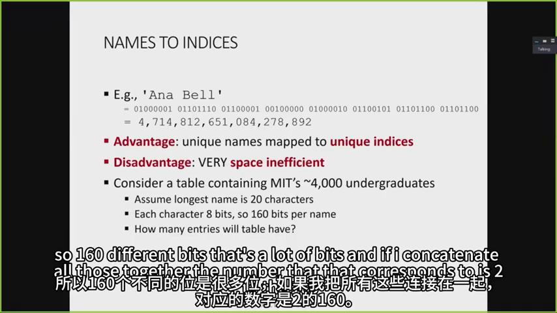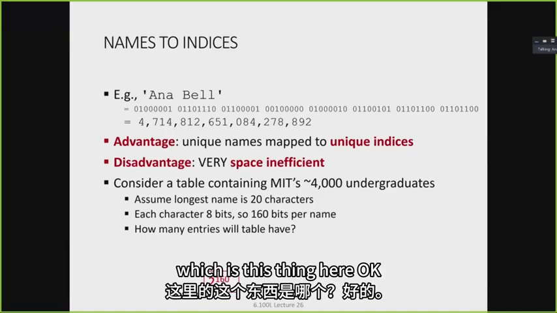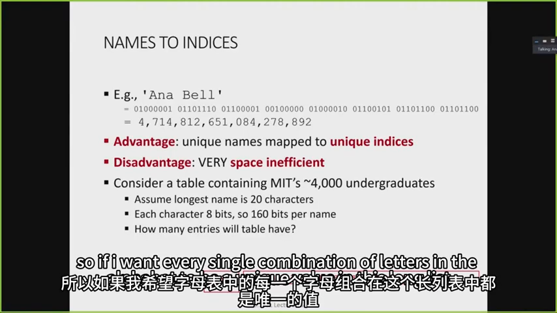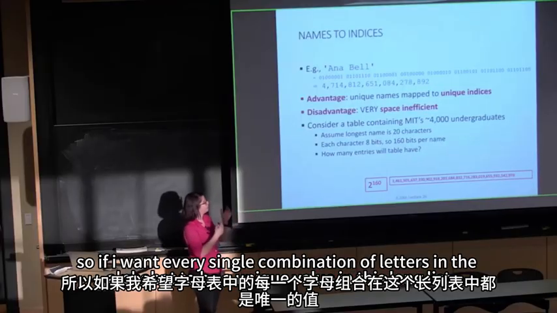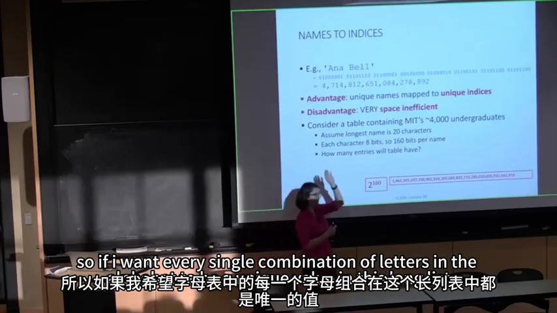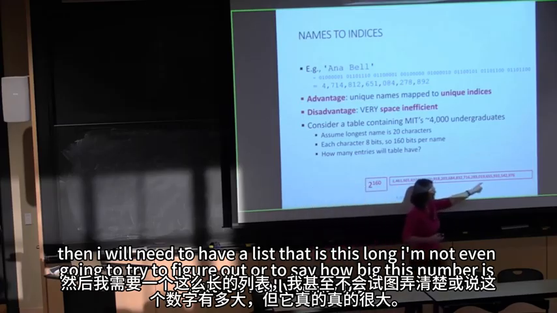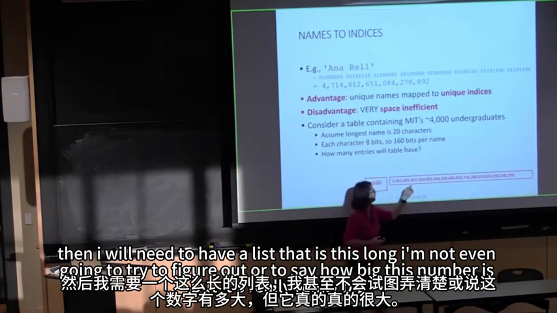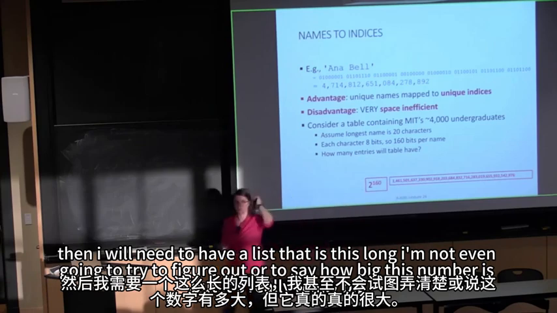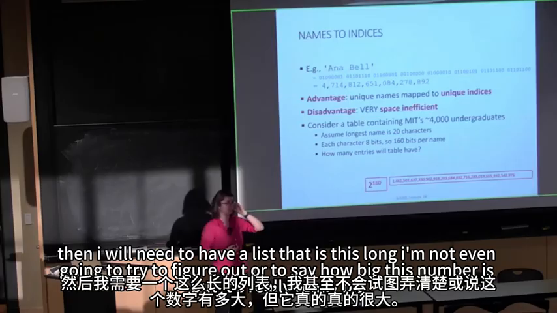And if I concatenate all those together, the number that that corresponds to is 2 to the 160, which is this thing here. Okay. So if I want every single combination of letters in the alphabet to be a unique value in this long list, then I will need to have a list that is this long. I'm not even going to try to figure out or to say how big this number is, but it's really, really big.